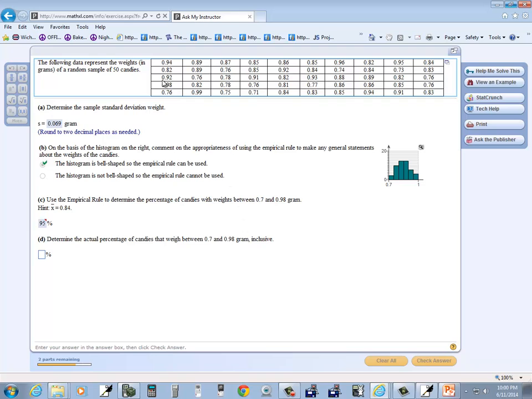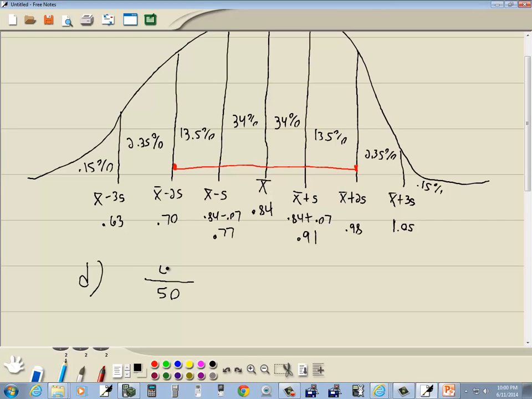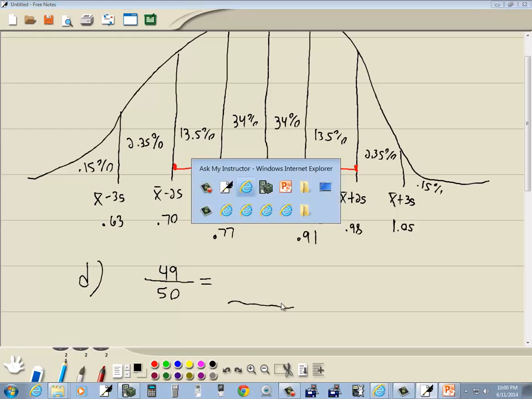Inclusive means it includes those values, so this 0.98 would be included. Now here's one that's not: the 0.99 is excluded. I only see the one, which means there are 49 between there. And so then this would give you your percentage.